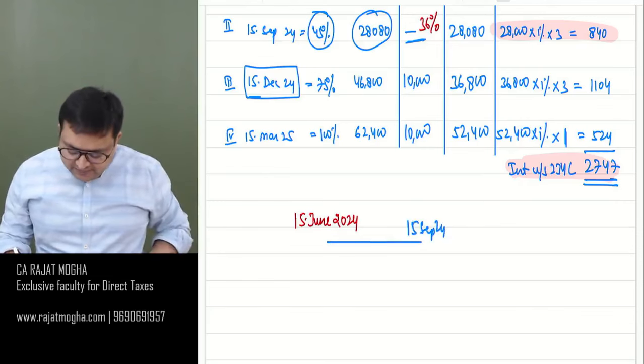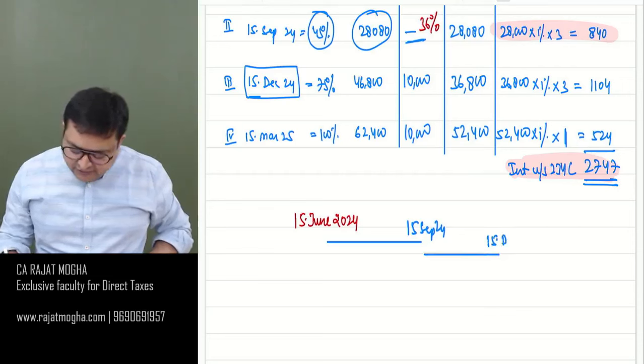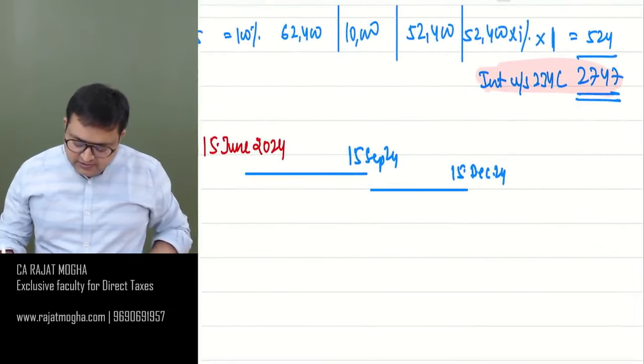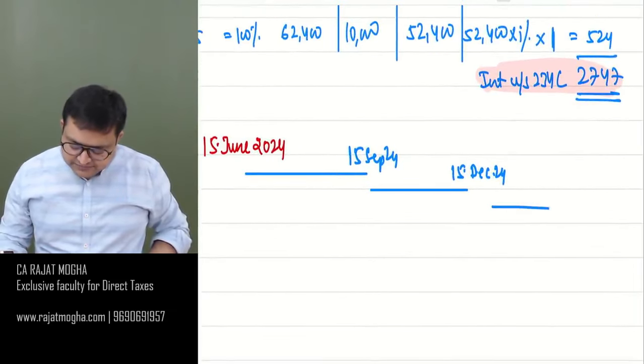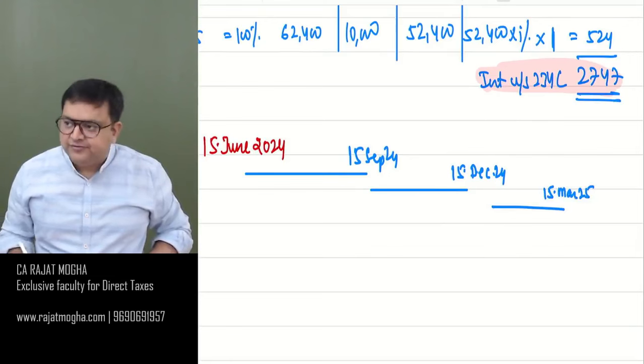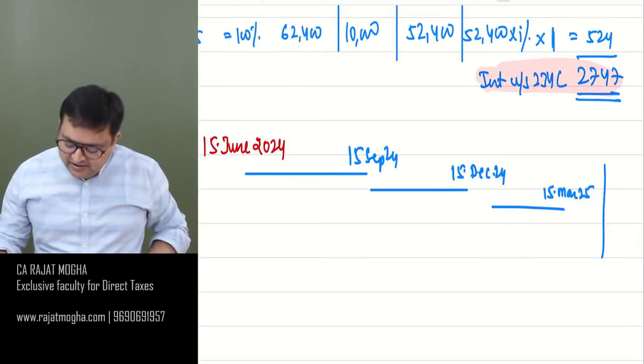From 15th September, the second installment will start, till 15th of December 24. Then your third installment will start, till 15th of March 25. And then the year will end on 31st March 25.